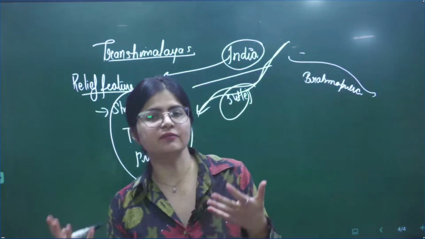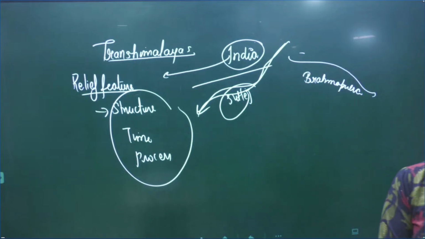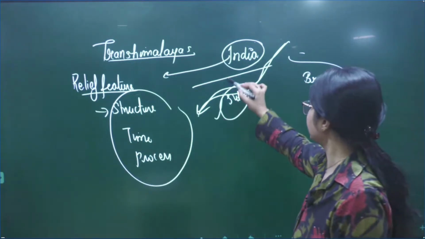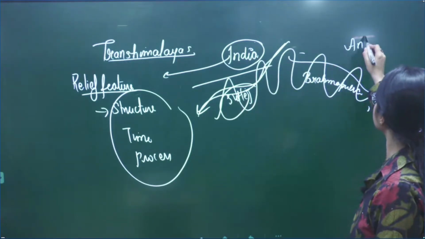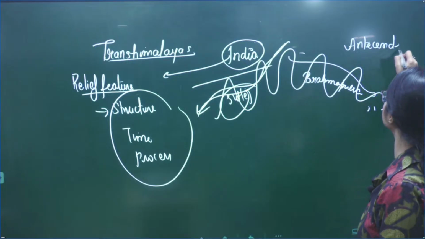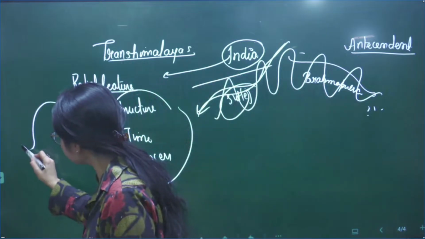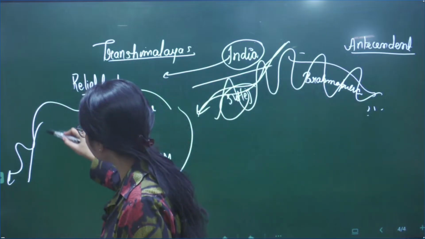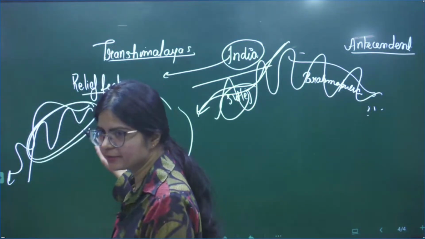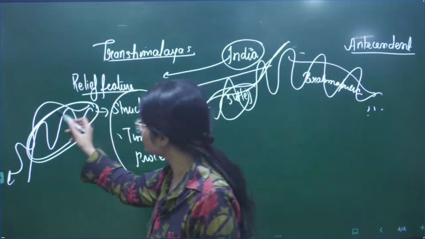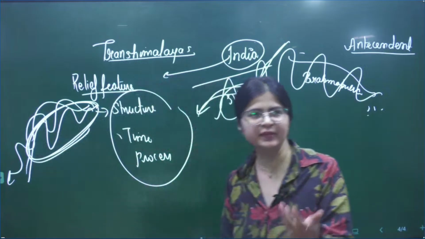If the Himalayas were not formed, or were not at the height at which we can see them today, what do you understand by that? It means antecedent: they have not changed their courses. अगर आपका ब्रह्मपुत्र इस डायरेक्शन में चल रहा था and then Himalayas have been formed here, because of this topography has come as a barrier between their flow, then they will not change their course because some block has come in their path.